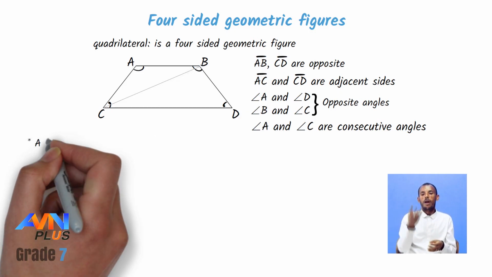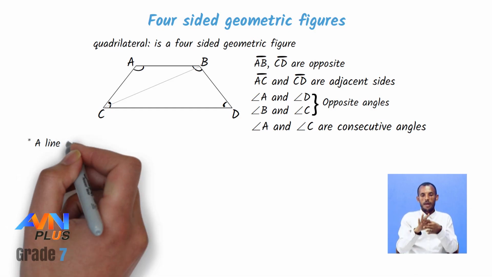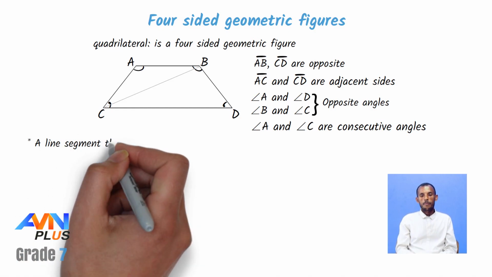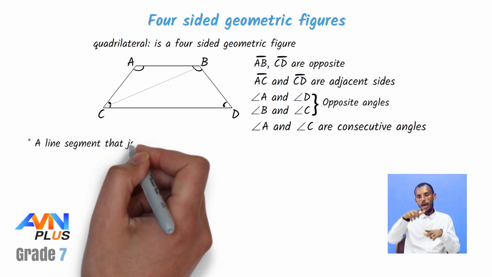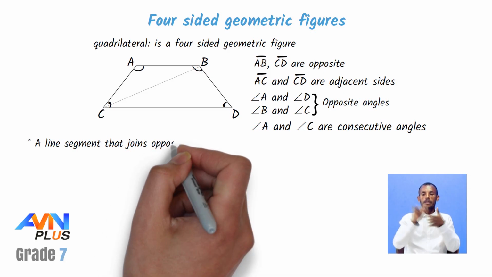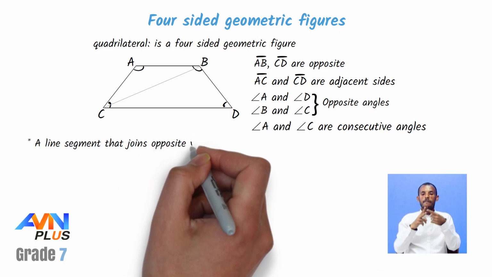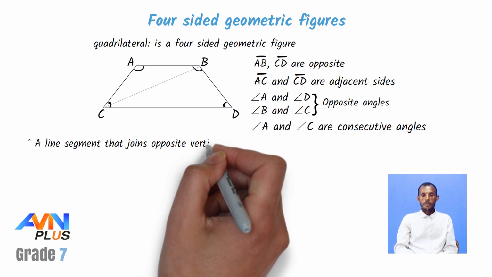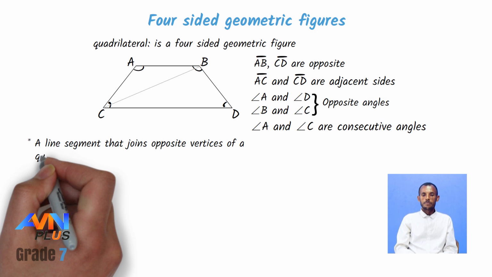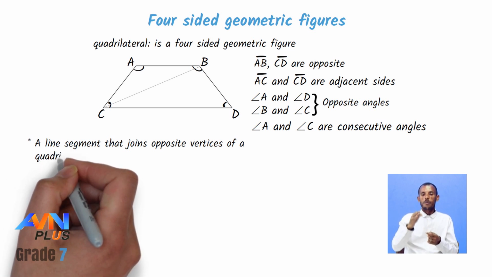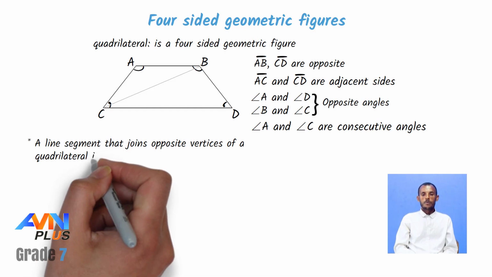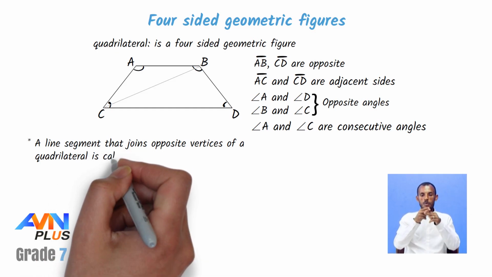So a line segment that joins opposite vertices of a quadrilateral is called a diagonal.